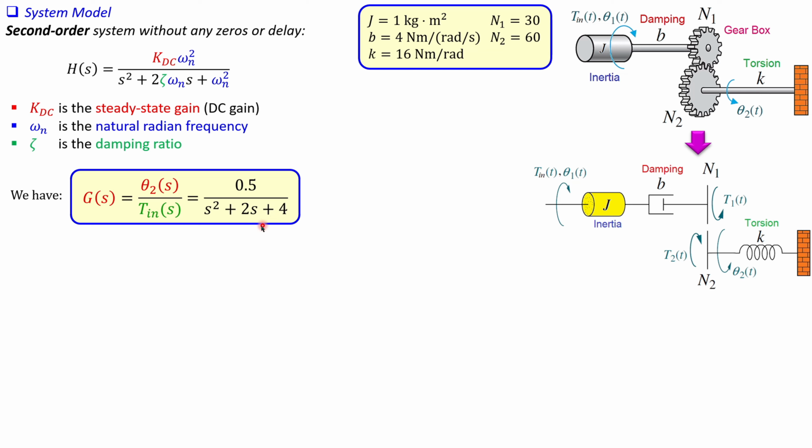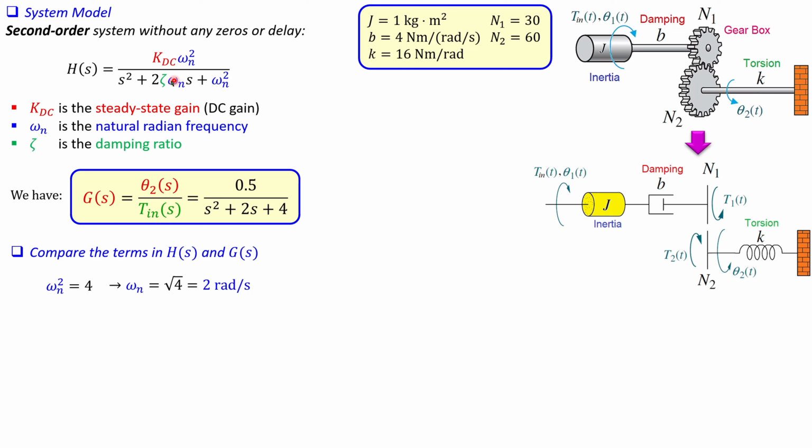So how can we recognize our parameters KDC, omega n, and zeta? Just compare the terms in this model H with the system we have set up. It's quite easy, just straightforward business. Omega n squared is 4. That means omega n itself is the square root of 4, which is 2 radians per second. That's simple.